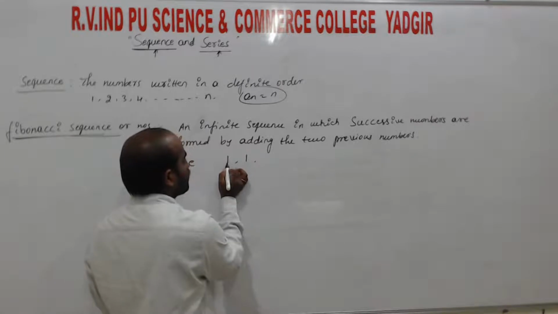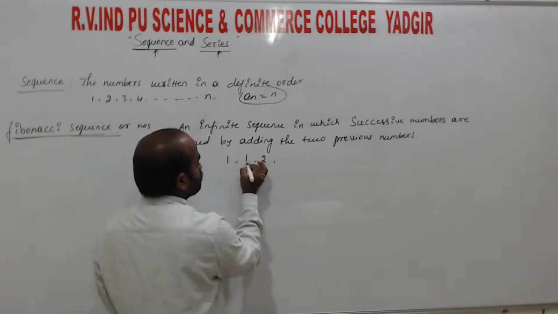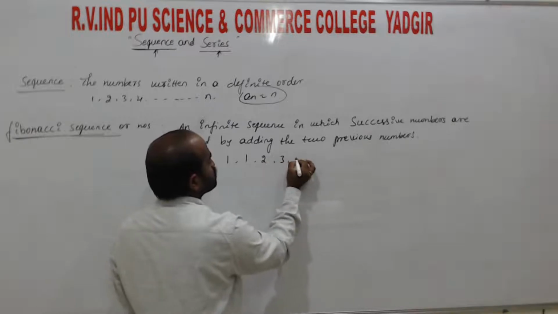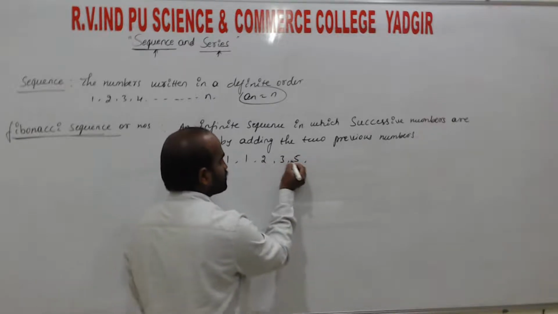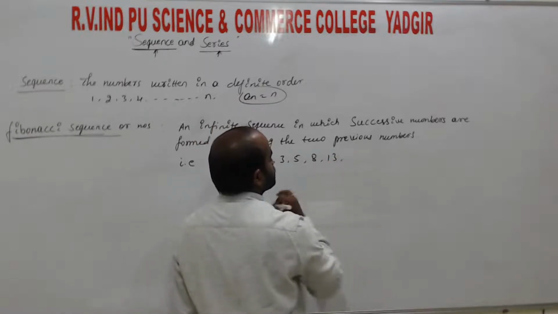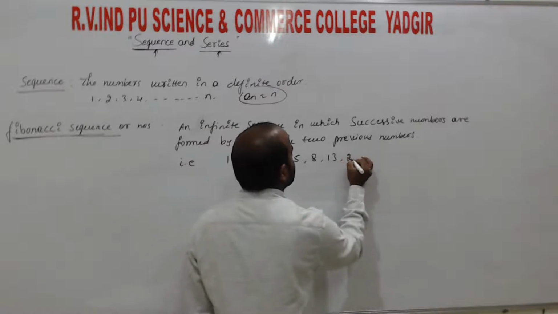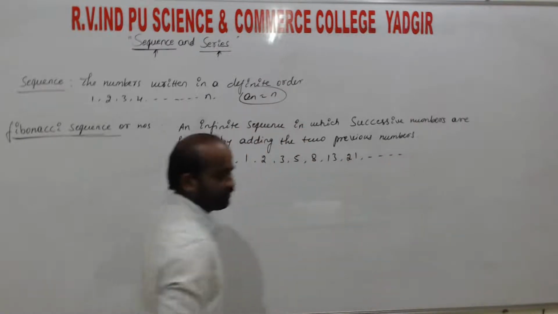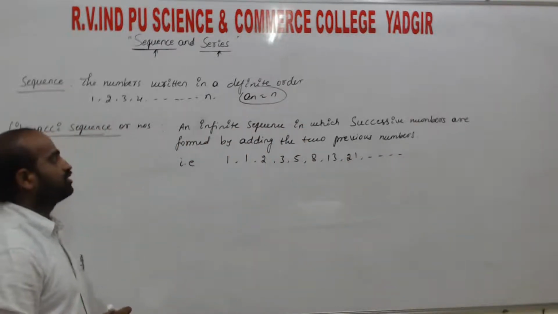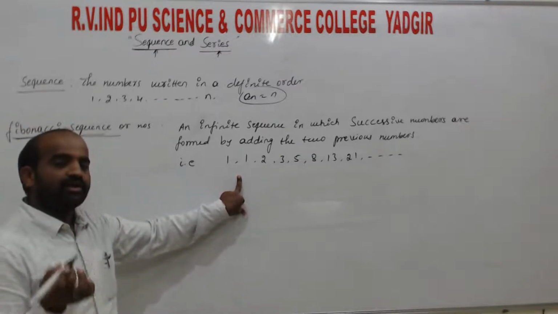The sequence is 1, 1, next 1 plus 1 is 2, 2 plus 1 is 3, 3 plus 2 is 5, 5 plus 3 is 8, 8 plus 5 is 13, 13 plus 8 is 21, and so on. These are the Fibonacci numbers.